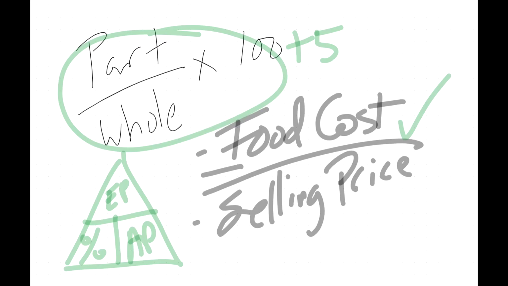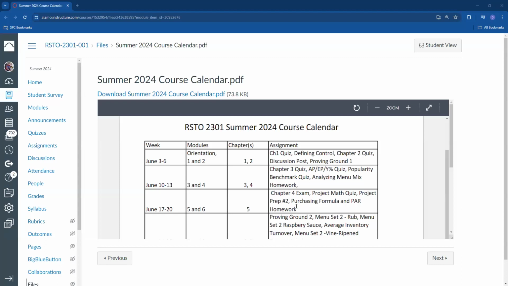Okay, so looking forward to week 3, we have quite a bit of homework that's going to be due from this week. Moving forward, next week we are going to go over modules 5 and 6, which includes your project.